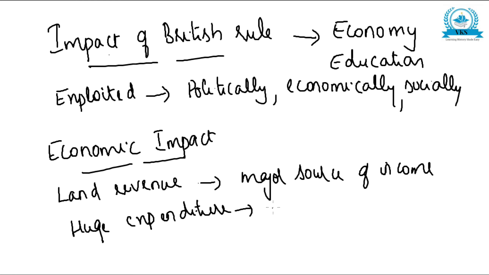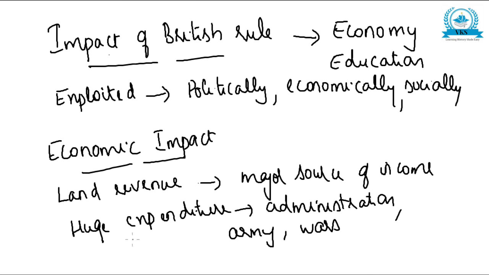It came in the form of administration, then maintenance of army and waging wars. All these created a huge expenditure for the British, and for that the source was land revenue from India. That was a major source of income for the British.